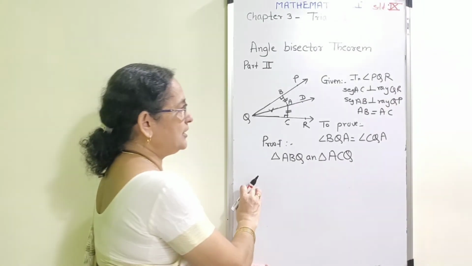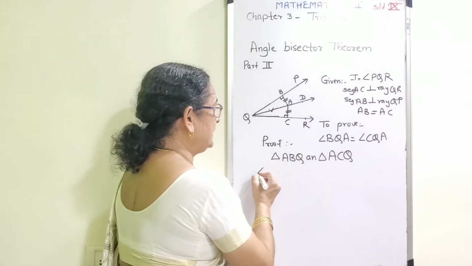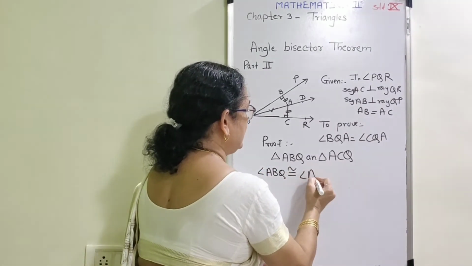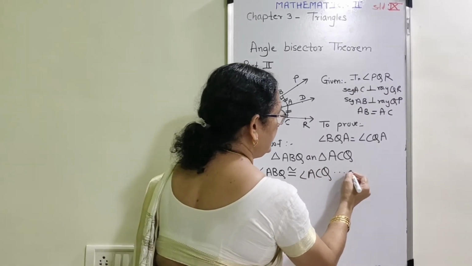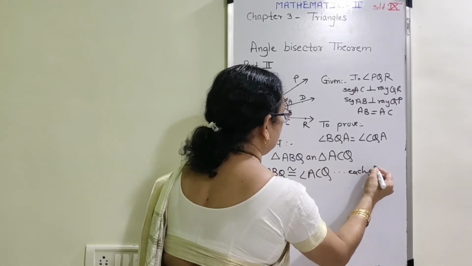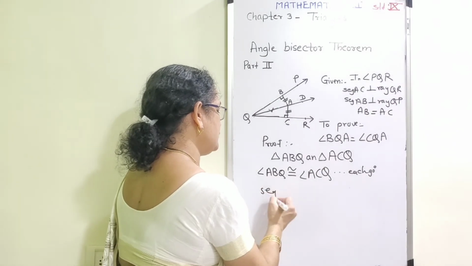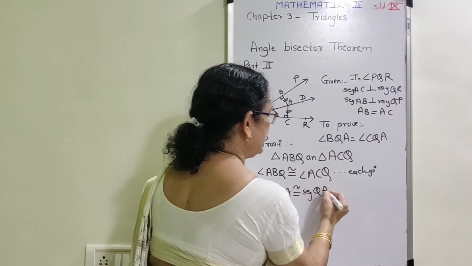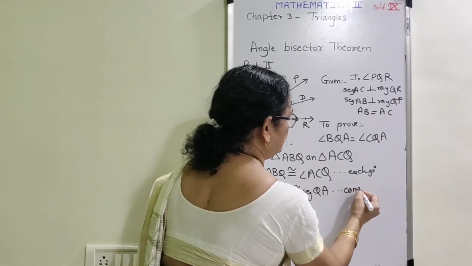Now I am going to write the proof. Angle ABQ is congruent to angle ACQ, each 90 degree. Also, segment QA is congruent to segment QA, which is common side.